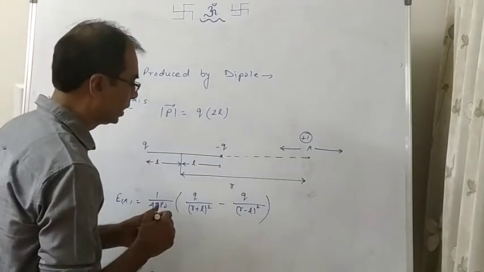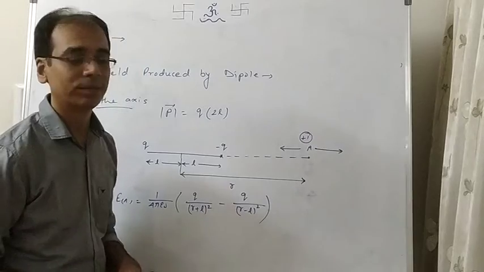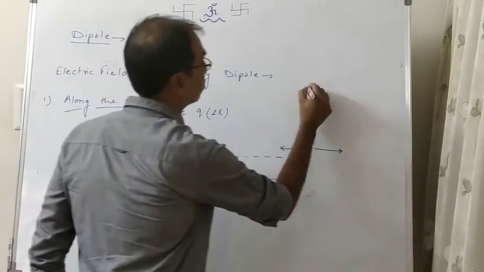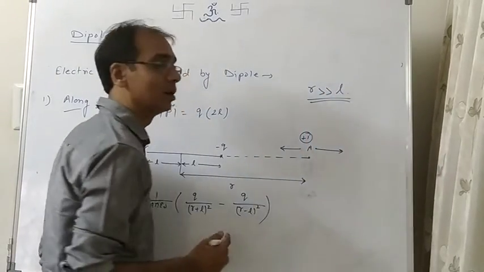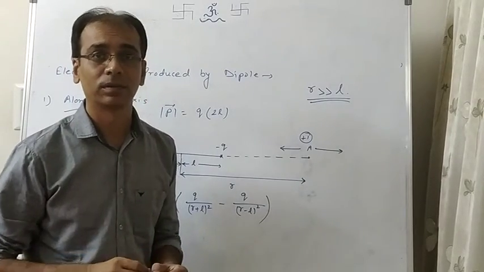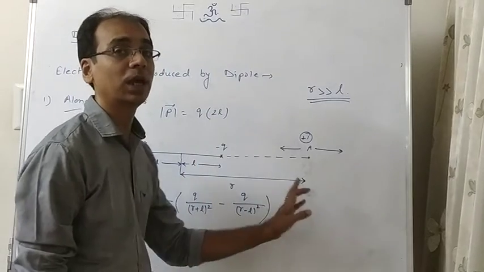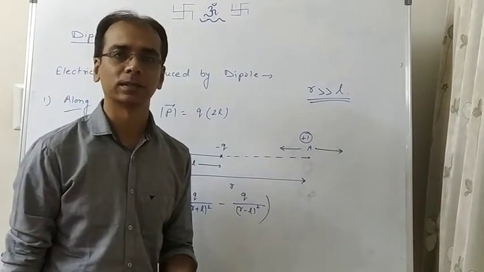Now the question is, what is the relation between this R and L? Always remember this R is very, very greater than L. Why? Because the dipole size is negligible in itself, so whatever distance we are taking outside the dipole will obviously be a lot more than the dipole size.